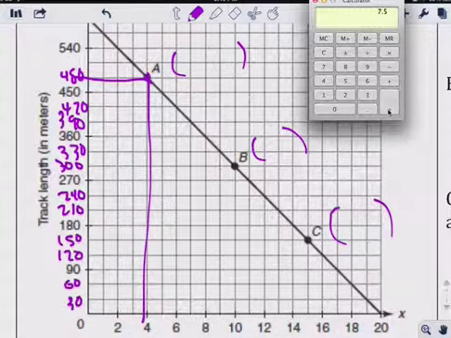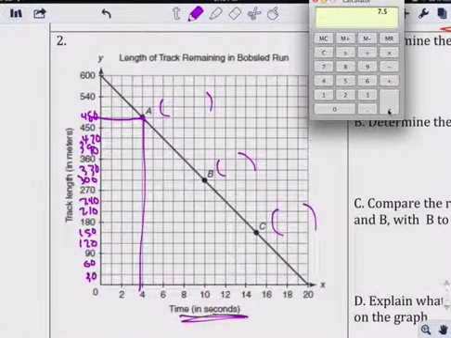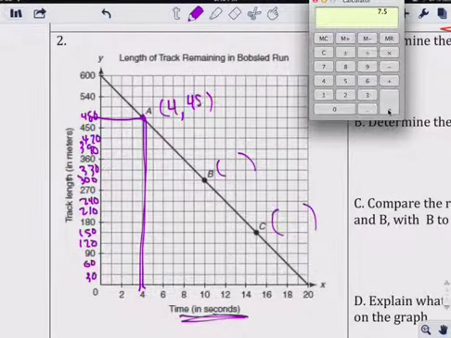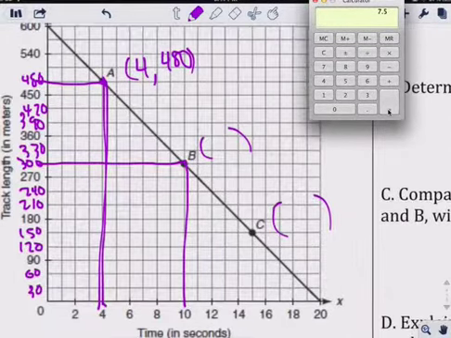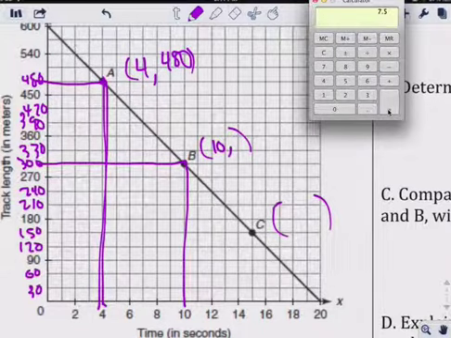So that's 4 seconds, they're at the track length of 480. This one's at 10 seconds, they're at track length of 300 meters. 10 seconds, 300 meters.